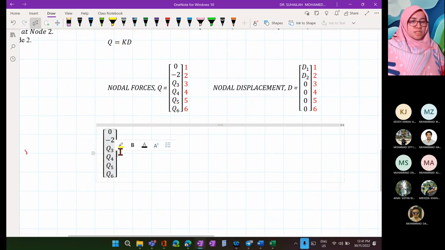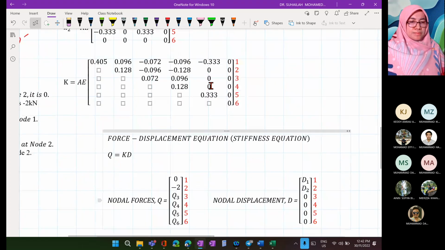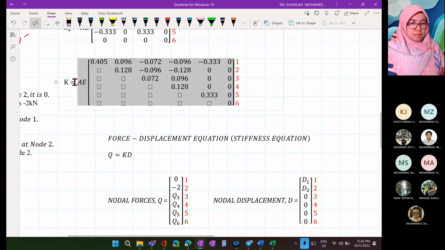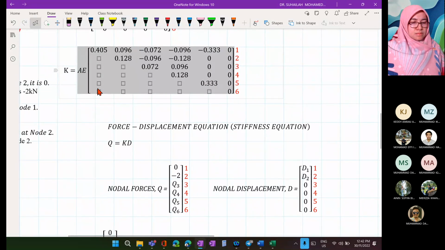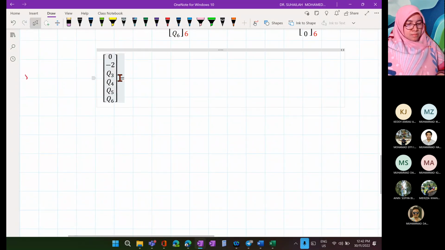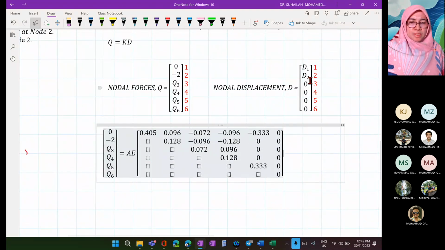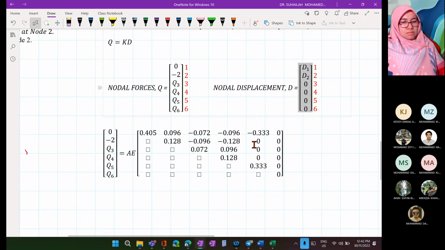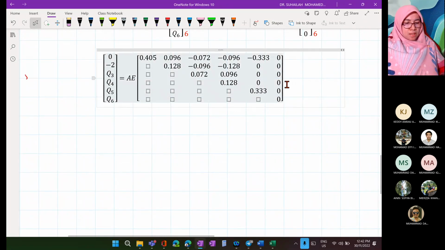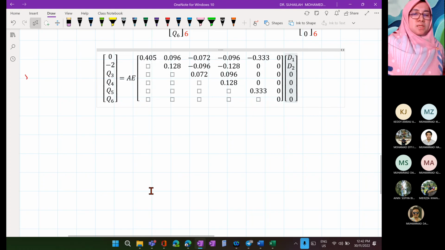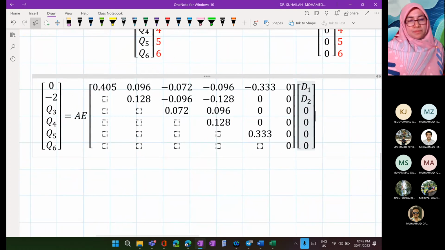This is Q equal to K times D. So this is the stiffness equation, force displacement equation.